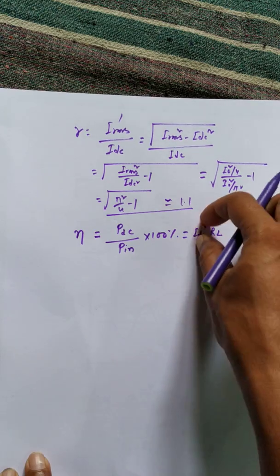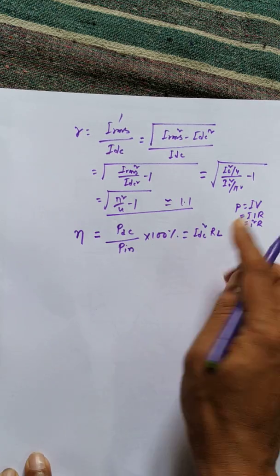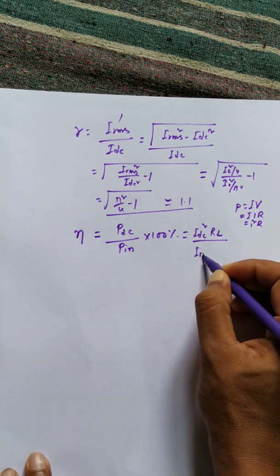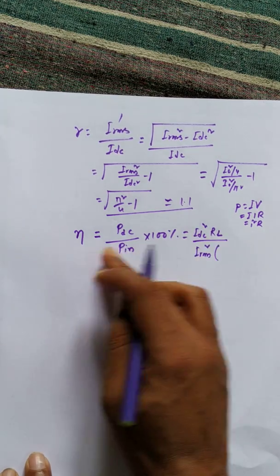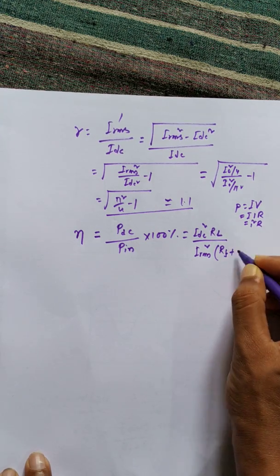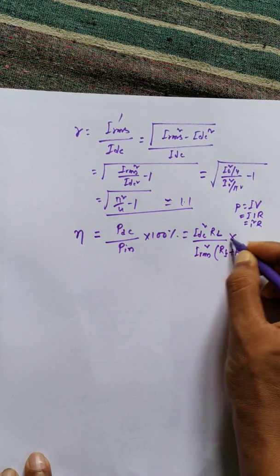Across the load, our DC voltage will develop, and the AC current in the circuit is the RMS current, and the total resistance in the circuit is the forward bias resistance plus load resistance, times 100%.